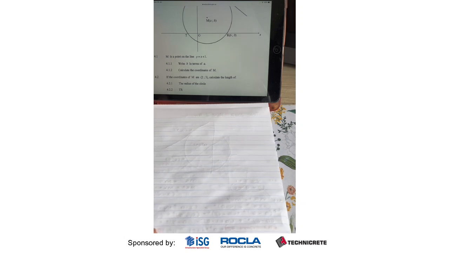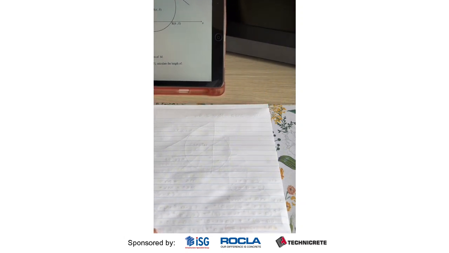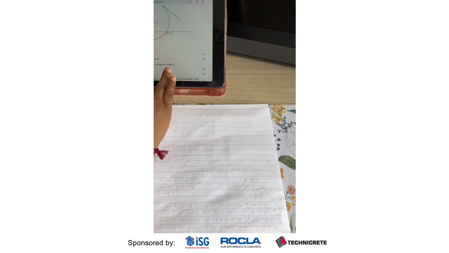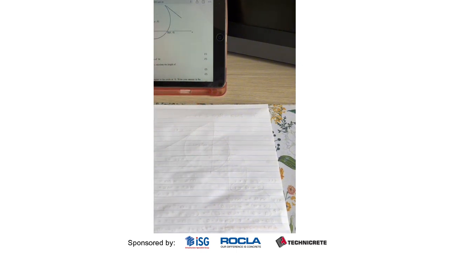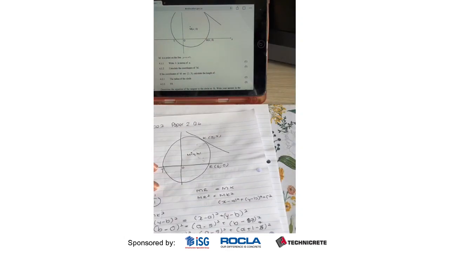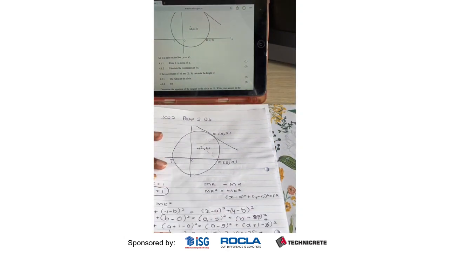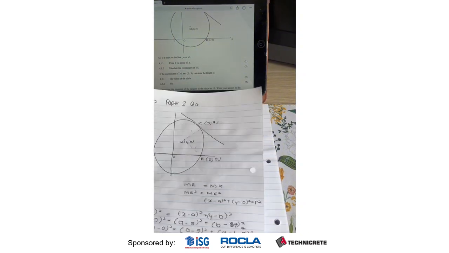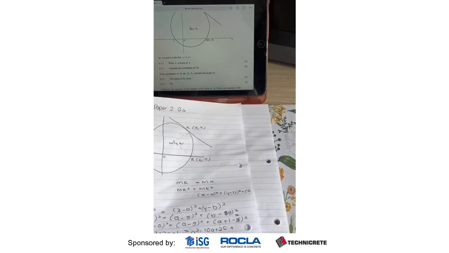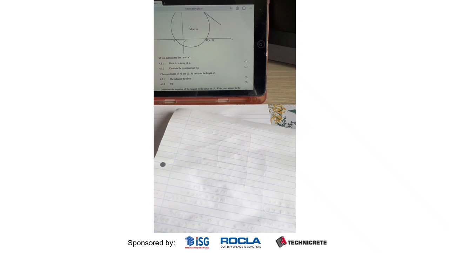Calculate the length of the radius of the circle. So they want the length of the radius of the circle. How many marks is this question? This is 2 marks, fairly easy, because what were we saying earlier? We were saying that MR is the radius, MK is the radius.